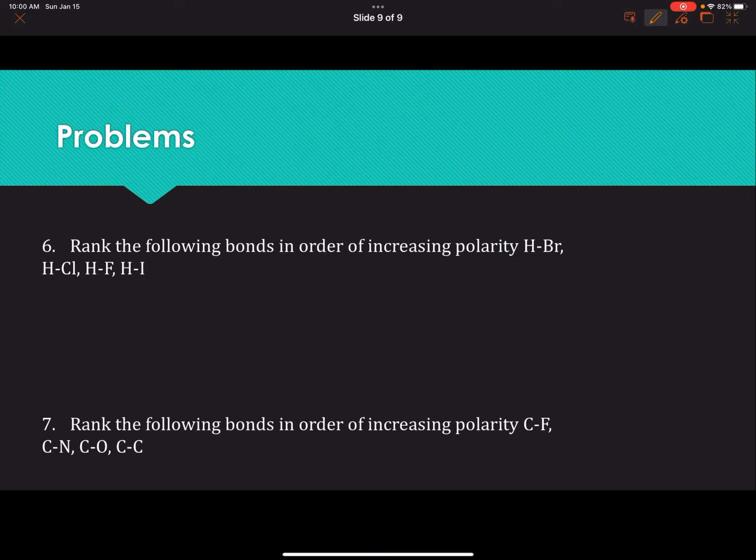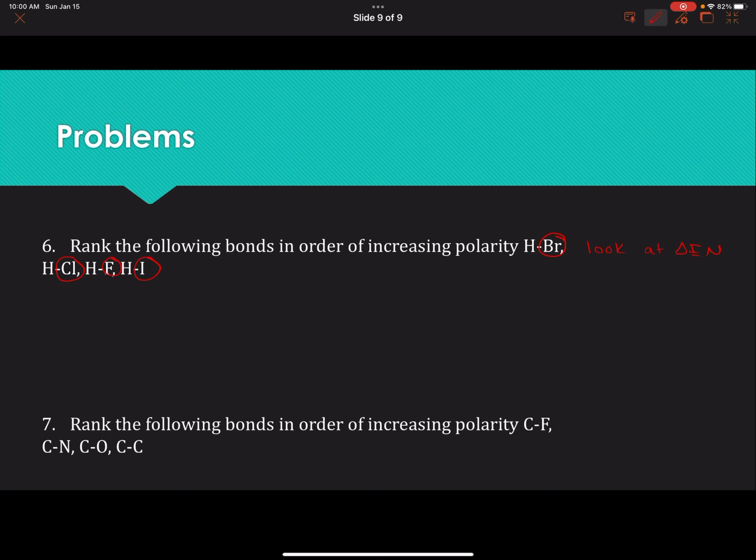So looking at problem number 6, we've got a series of bonds, and we're asked to rank the bonds in order of increasing polarity. So here we're looking at electronegativity differences. And so when we're looking at those electronegativity differences, again, we're looking at our trends. Here we've got bromine, chlorine, fluorine, and iodine, all bonded to hydrogen.